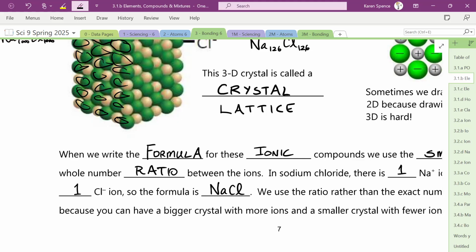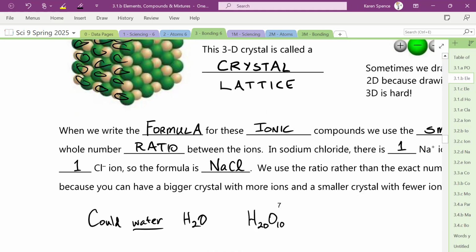That's different from a molecule. Is it possible for water, which is H2O, could it be H20O10?